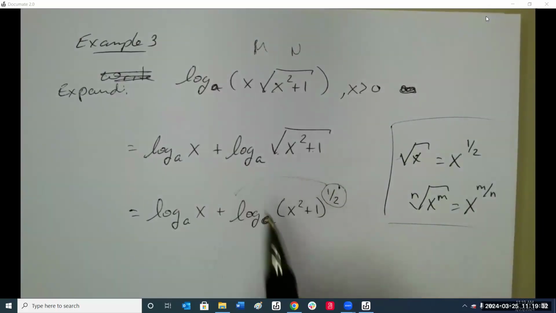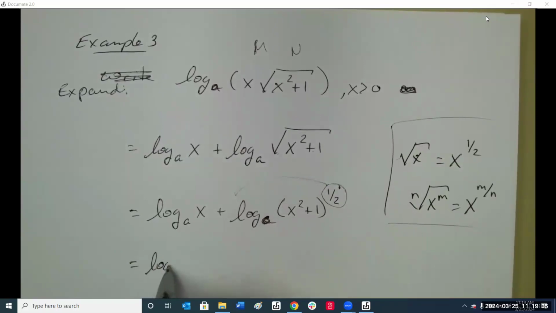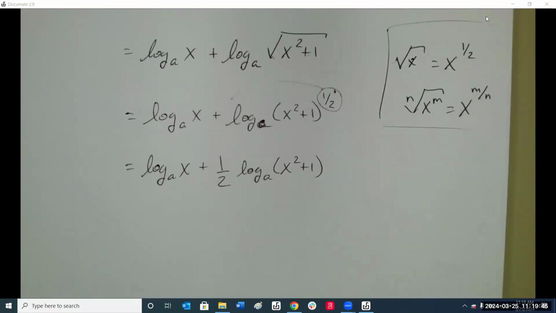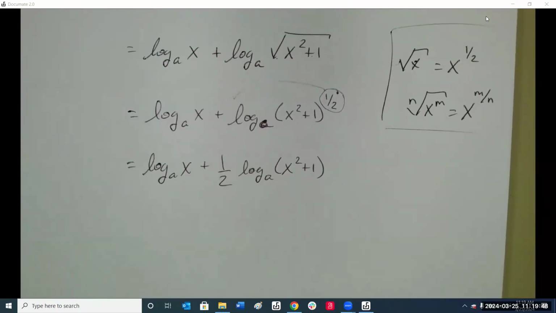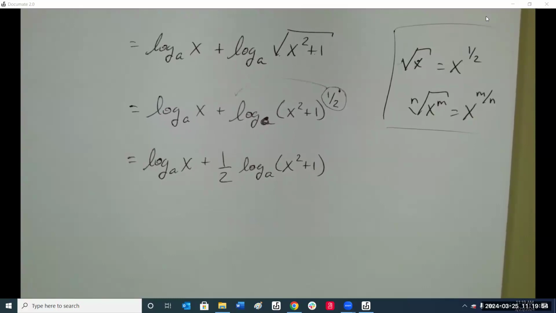The exponents go out in front. And there you go, as far as you can go, until you know what x is and what a is.